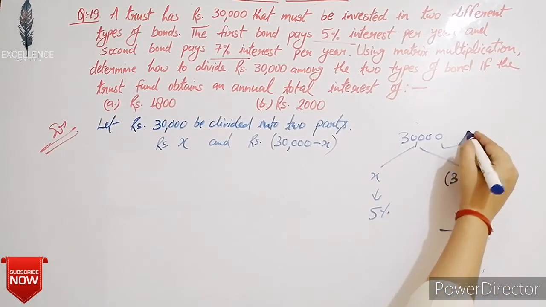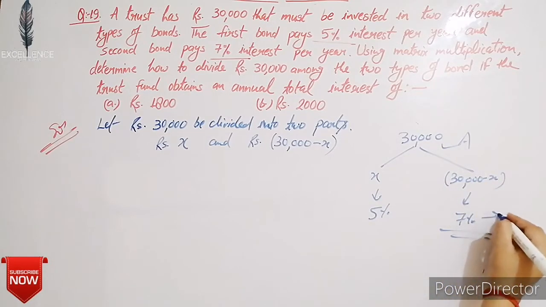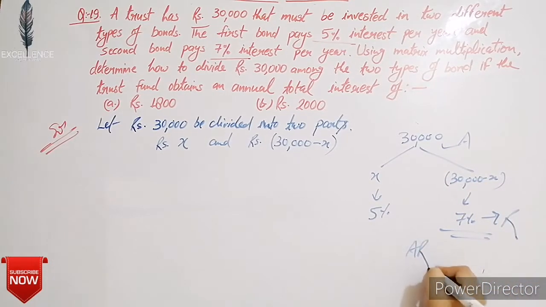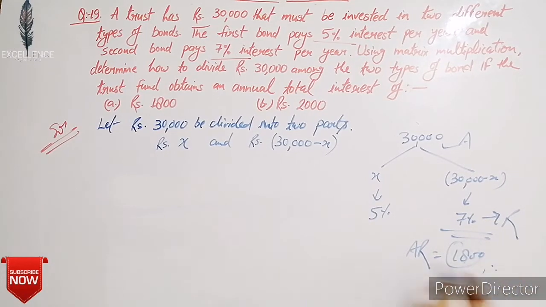So how will we get the total interest? Amount and rate. So AR equals, for the first part we have AR equals 1800. Okay, let's solve it.